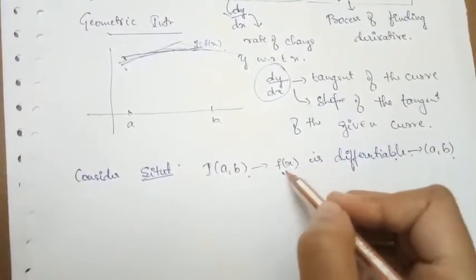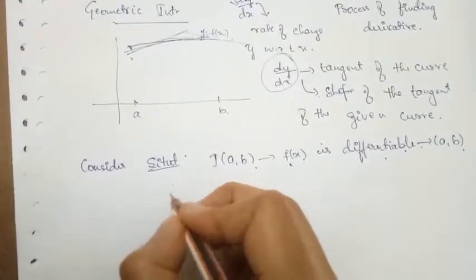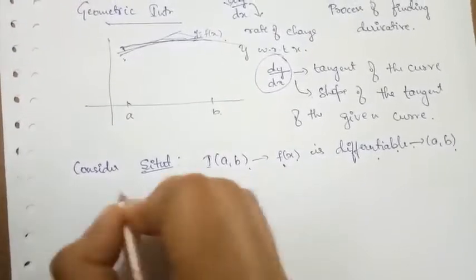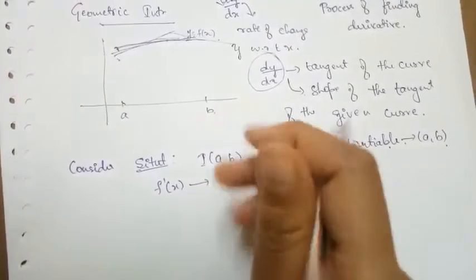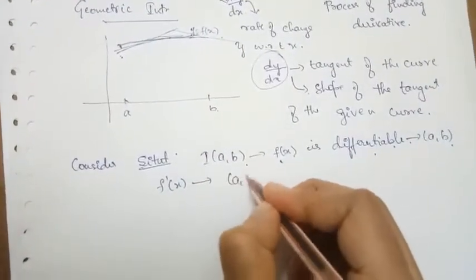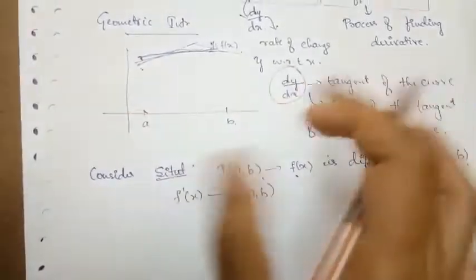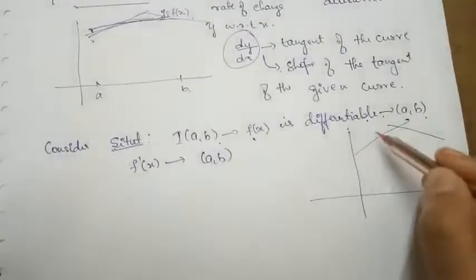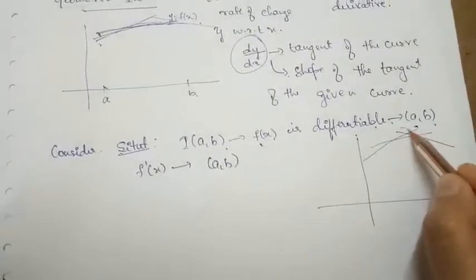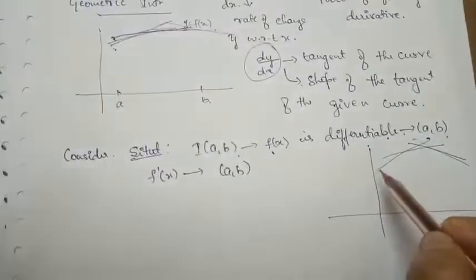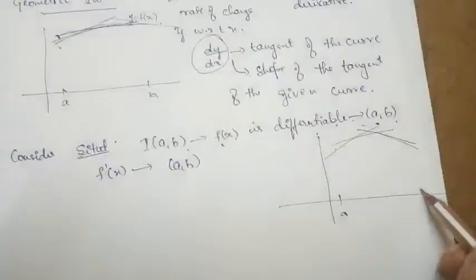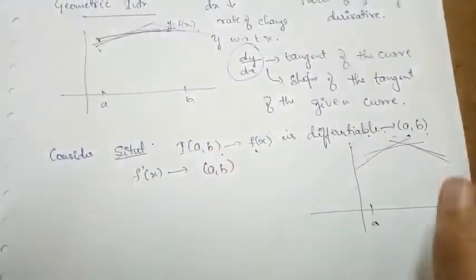So clearly, f of x is differentiable in a comma b, which means we know f dash of x within the interval a comma b. Within this interval we know all those tangents which are passing through the curve, at different points. So we get the derivatives.